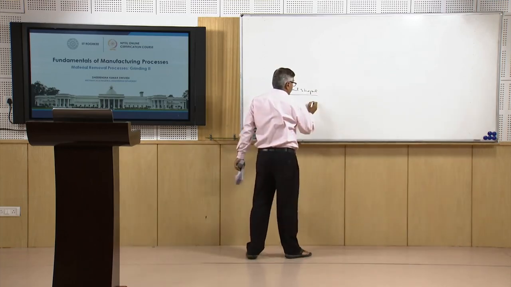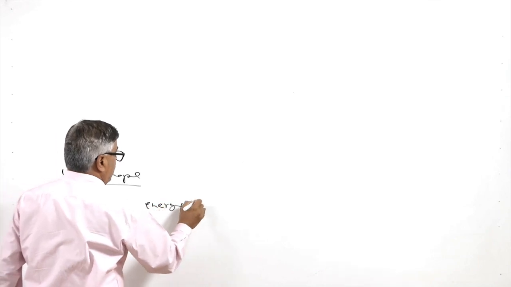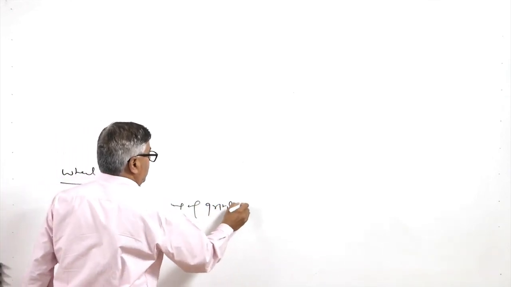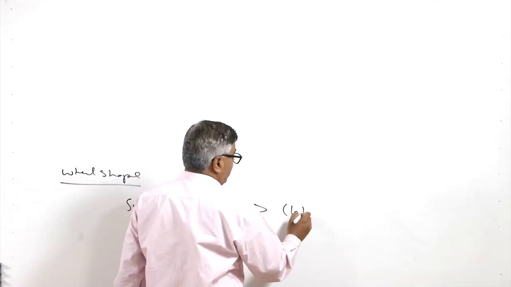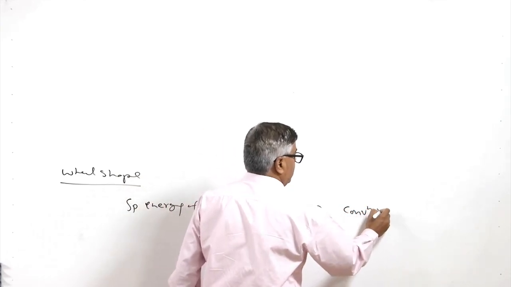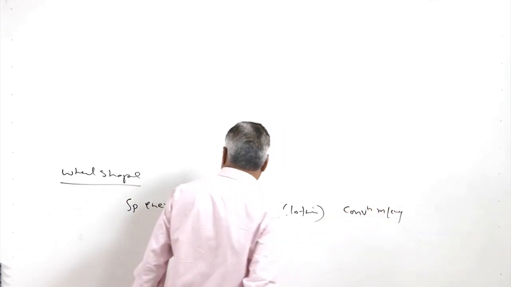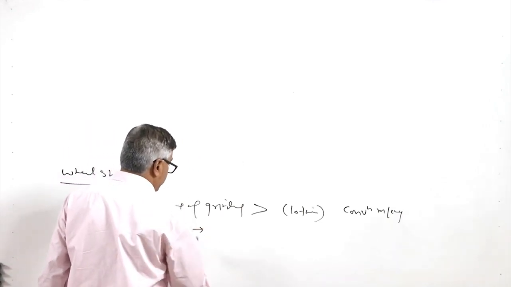As I have said, specific energy for grinding becomes much higher, about 10 times that of conventional machining like the milling process. The reasons for this are three important ones.